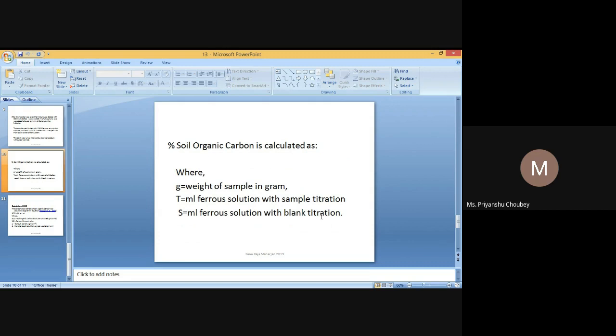Second one is prismatic. In prismatic, the peds are elongated more in the vertical than in the horizontal direction, giving a column-like shape. Vertical cleavage planes are predominant.